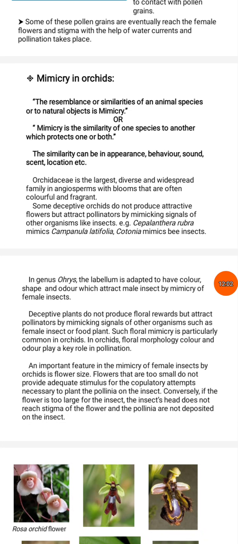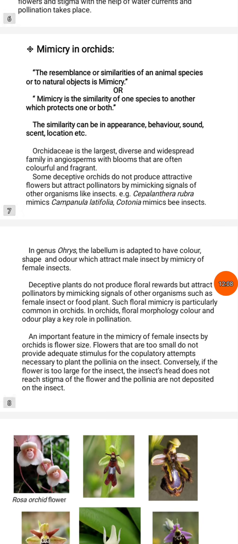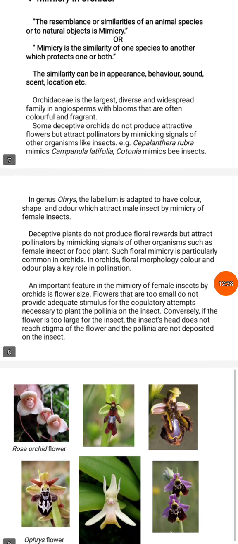This depends upon the plant's requirement or need. Mimicry in orchids is very common because Orchidaceae is a very large family, the second largest family among the angiosperms. It is a diverse and widespread family which blooms, and these blooms are often colorful and fragrant.